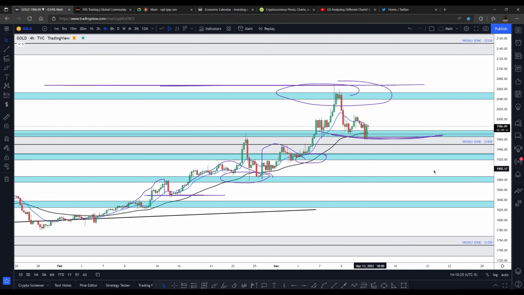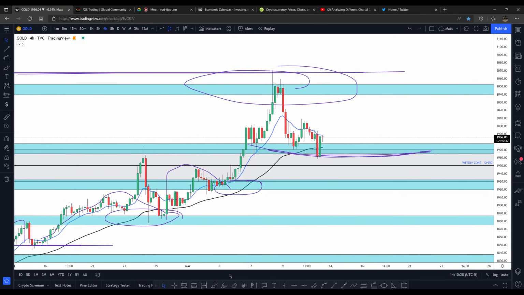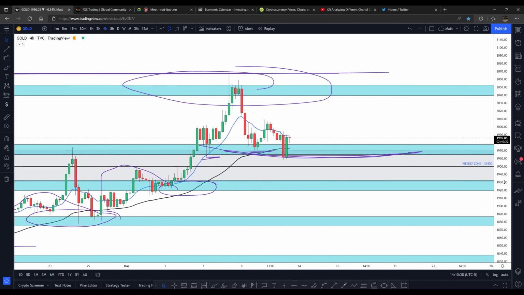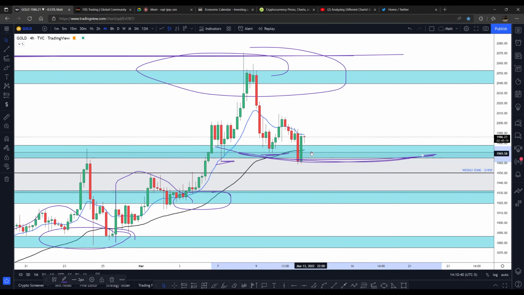You can see how it basically closed below these lows. We had this bearish candle, which technically closed inside or slightly below this daily zone, but then a bullish 4-hour candle came in and rejected this.